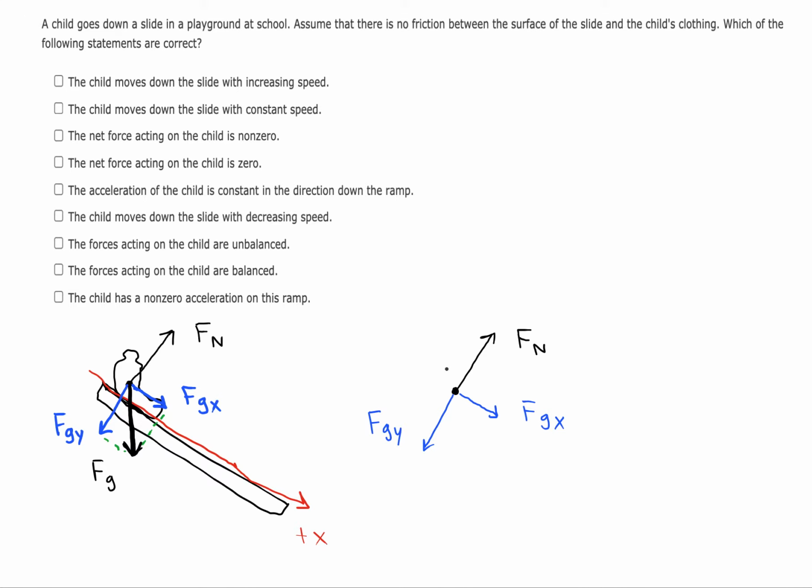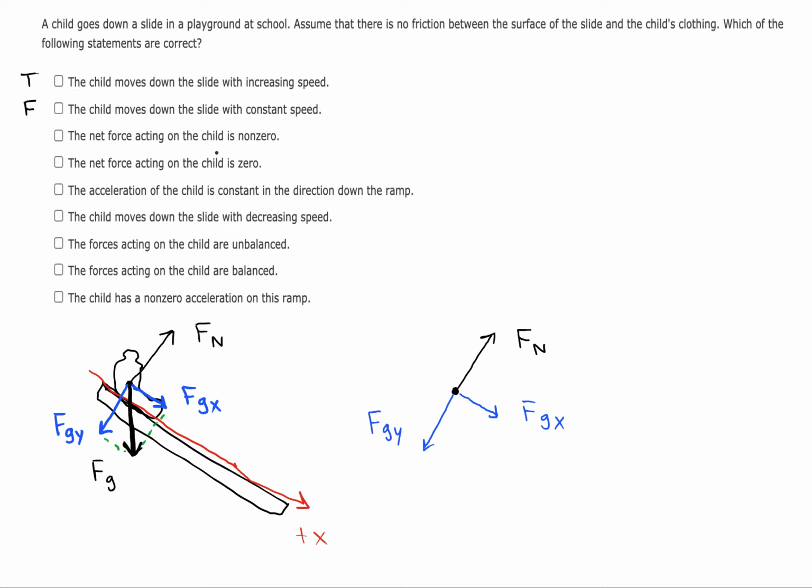Even though the forces here are balanced, Fgx is not balanced with anything else, which means the child will accelerate down the ramp. She doesn't accelerate into the ramp or fly off the ramp either, because Fgy perfectly balances with Fn. So it is true she will go with increasing speed because of the unbalanced force. So this one would be false.